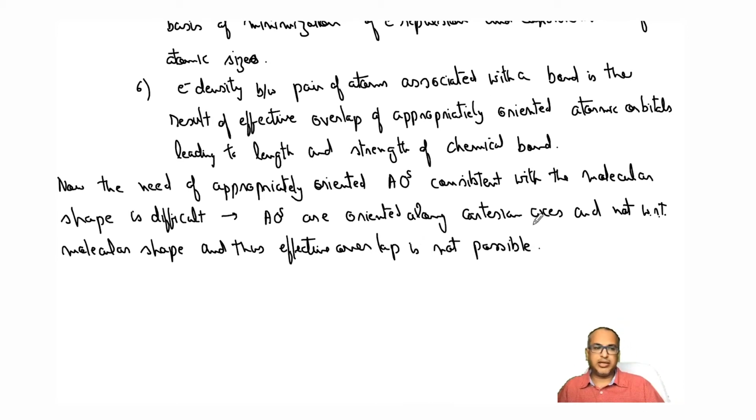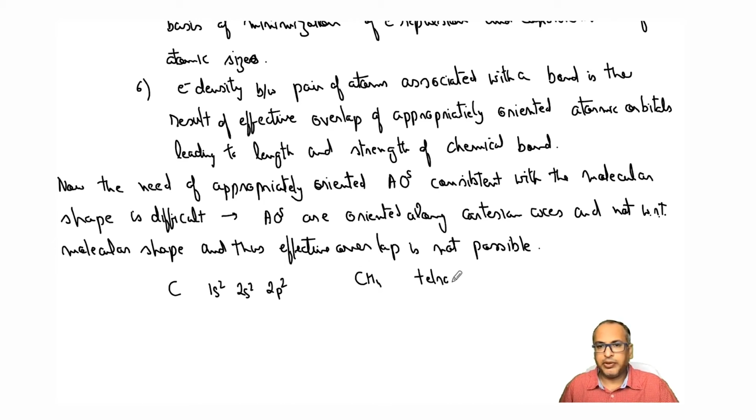So let us consider a case of carbon. The electronic configuration of carbon can be understood as 1s2, 2s2, 2p2, right? Now I'm trying to form bonds in CH4. We know that the shape of the molecule is tetrahedral. So that means all four C-H bonds must be equivalent.